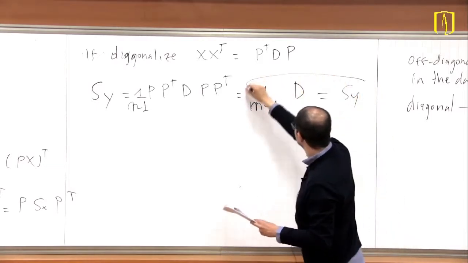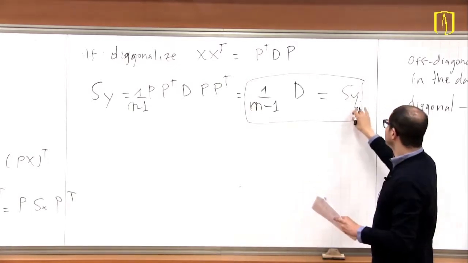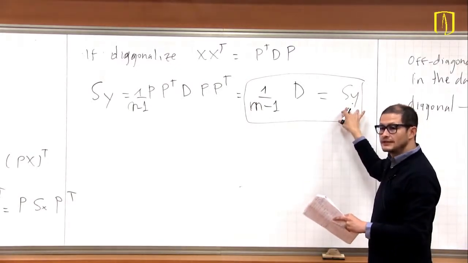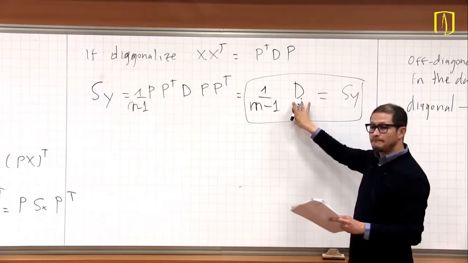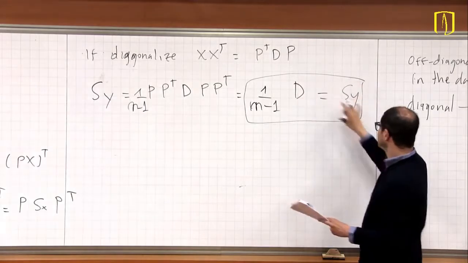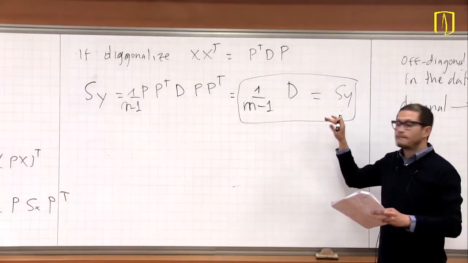Okay, and so with this we achieved what we wanted, right? Which was to find a new basis set where the data set looks uncorrelated. And what are the diagonals of this matrix D? The values of the x times x transpose.